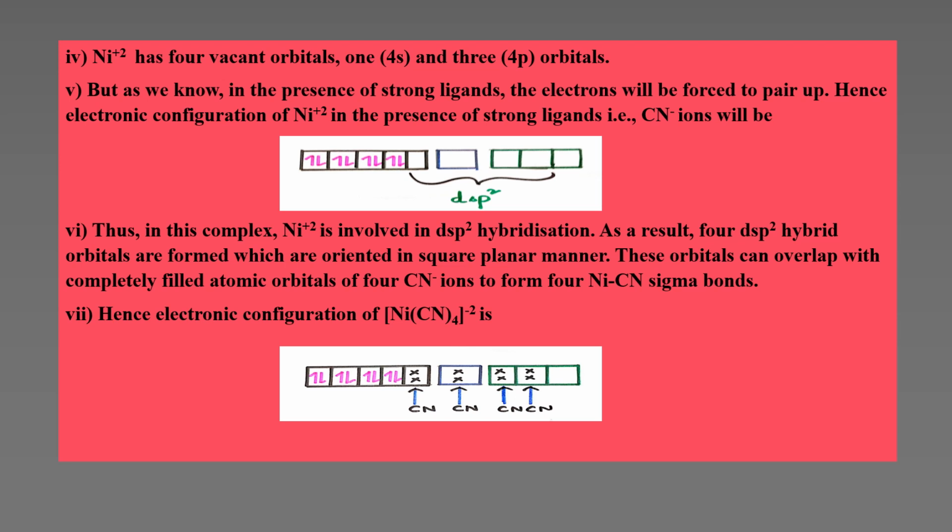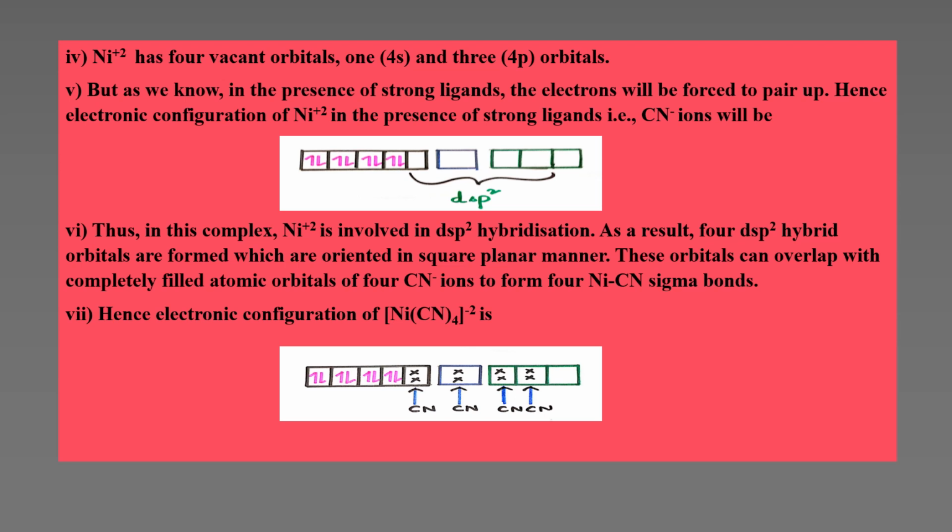What happens in the presence of a strong ligand? The single electrons will be forced to pair up. So if we observe the electronic configuration of Ni+2 in the presence of CN- ions, it will be as shown in the figure given here.